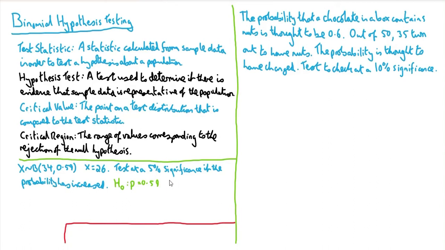With that in mind, our alternate hypothesis, which will now be a capital H with a 1 in the corner, that's going to be the probability, and since it's increased, we'll now say that it's greater than that 0.59. The number is always going to match, but it will be a greater than symbol if it's increased, less than symbol if it's decreased. There are circumstances where it will just say that it's changed.